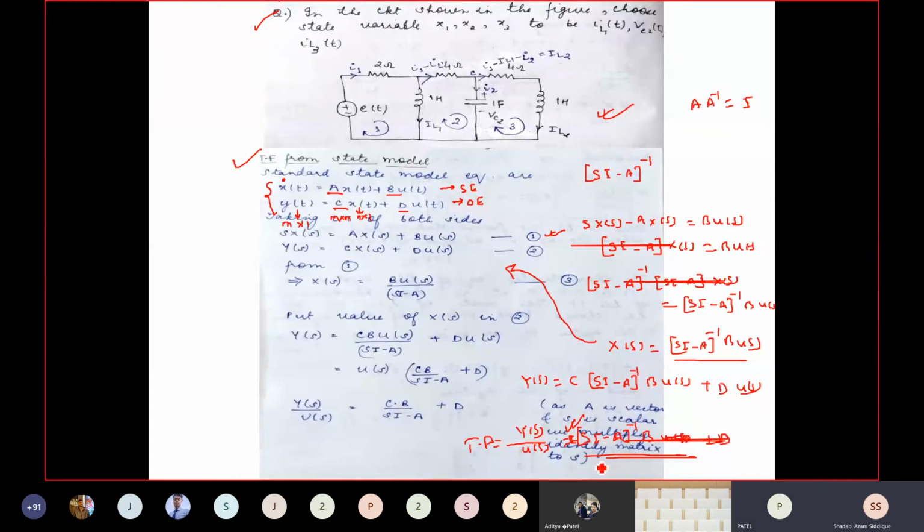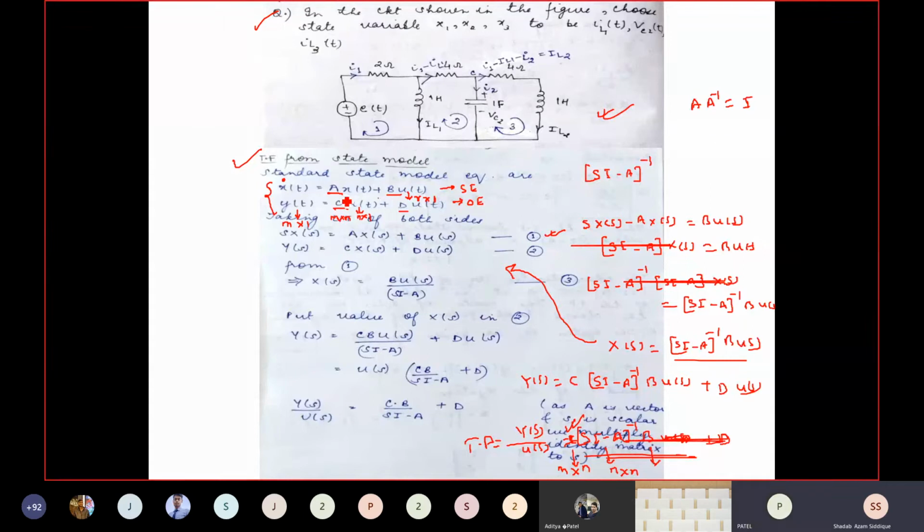So C is of the order M cross N, and this is N cross N. So dimensionally that should be correct. What is the B dimension? U is your R cross 1 matrix.